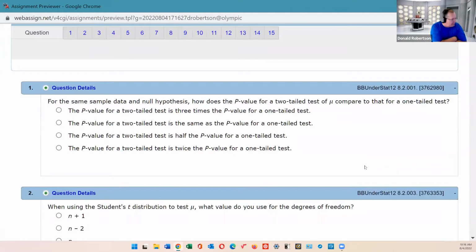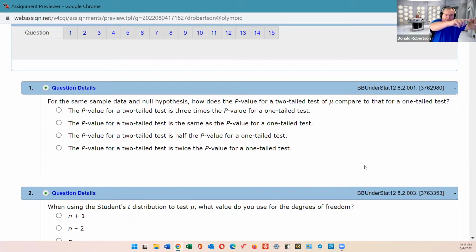Right, now, for the same sample data and the same null hypothesis, how does the p-value of a 2-tailed test compare to a 1-tailed test? Right, in a 2-tailed test, you're saying, is there evidence that it's not equal to the number? It's different. And a 1-tailed test is, can you prove that it's bigger than, or can you prove that it's less than?